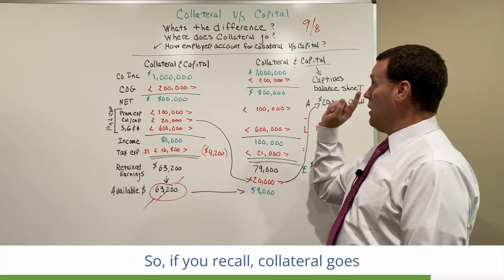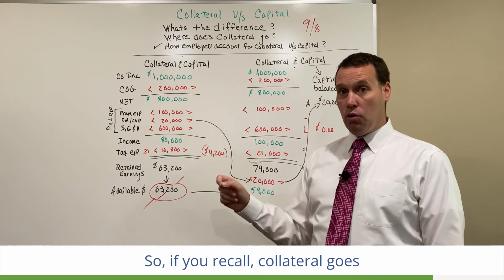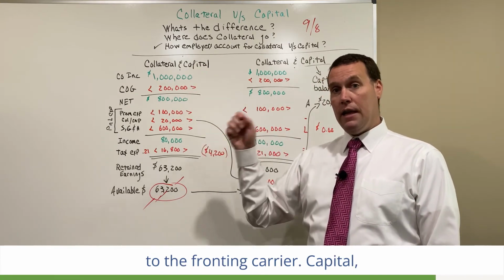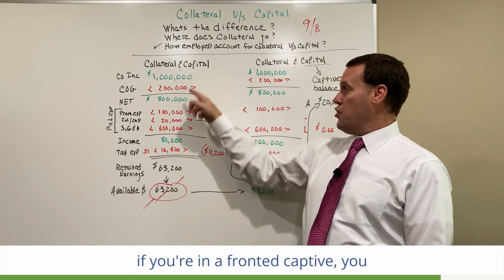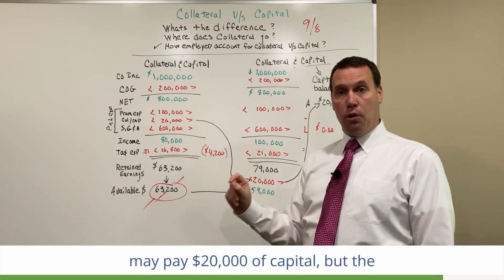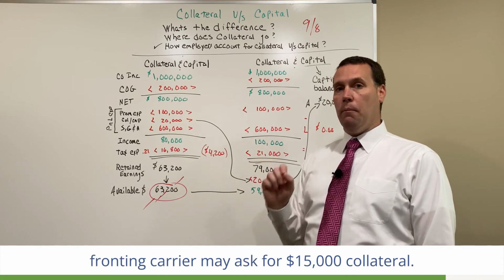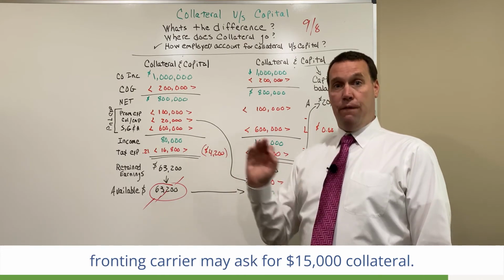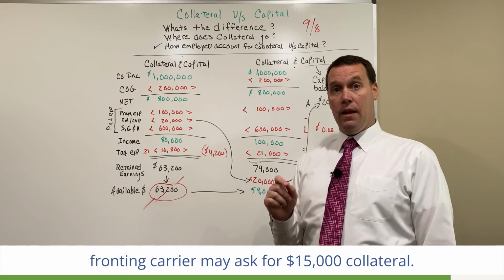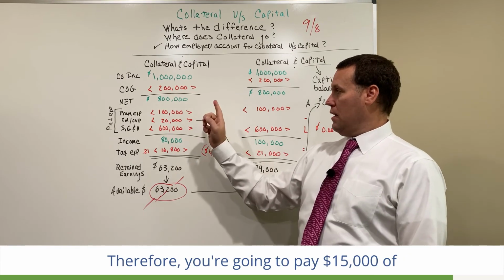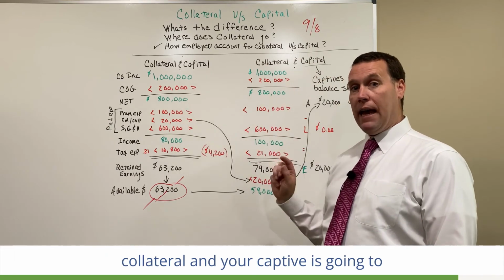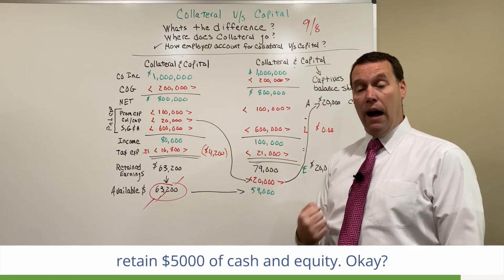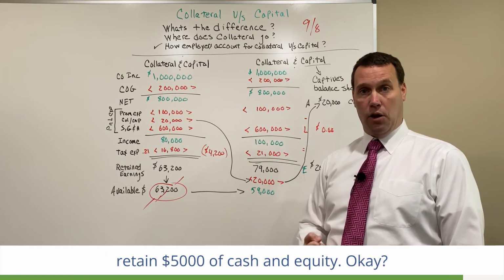So, if you recall, collateral goes to the fronting carrier. Capital, if you're in a fronted captive, you may pay $20,000 of capital, but the fronting carrier may ask for $15,000 of collateral. Therefore, you're going to pay $15,000 of collateral, and your captive's going to retain $5,000 of cash and equity.